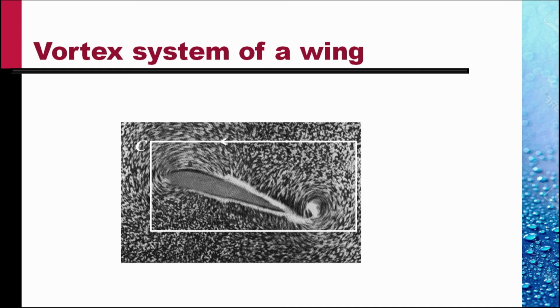I replaced that aerofoil by a photograph that was originally produced by Prandtl himself in his laboratory. And in this photograph, you see a vortex out here. So there is vorticity now that is induced there.